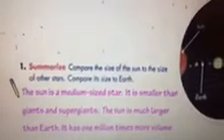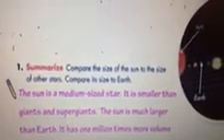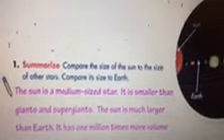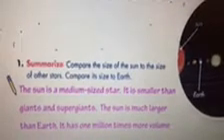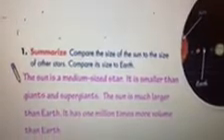As I told you, the sun is a medium-sized star. Excellent answer. It is smaller than giants and supergiants. The sun is much larger than Earth. It has 1 million times more volume than Earth.